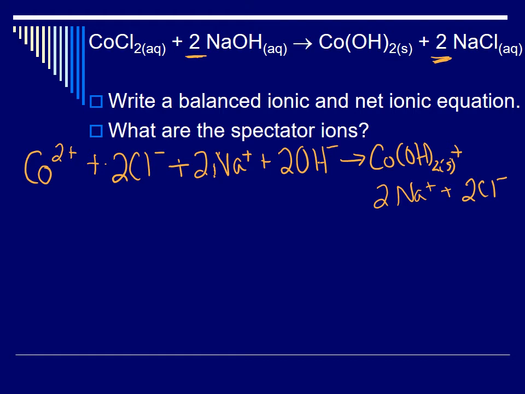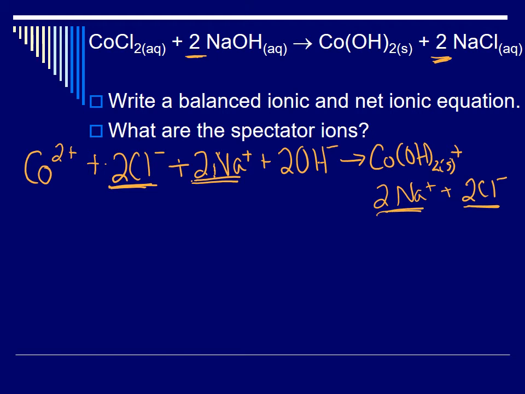Now I'm going to look at this and see exactly what's the same on both sides of the equation. So cobalt is by itself on one side and it's in a compound on the other side. So that's not exactly the same. Now the Cl's are though. I have 2Cl minus, 2Cl minus. The sodiums are also exactly the same.